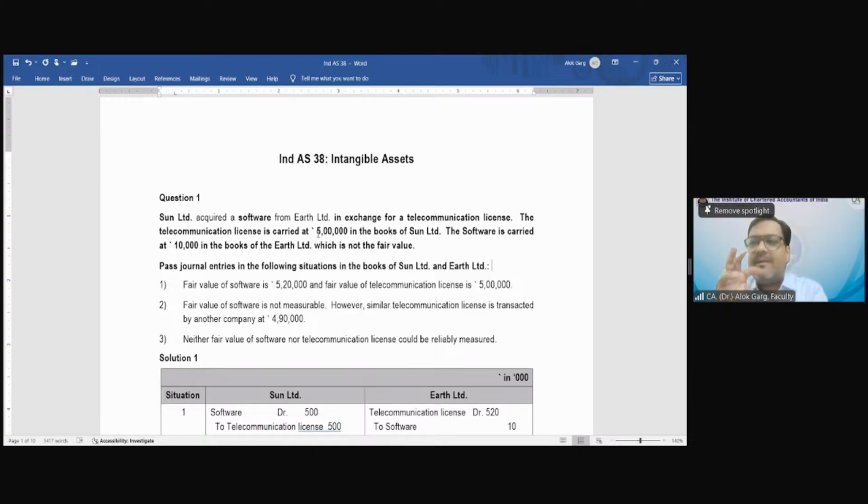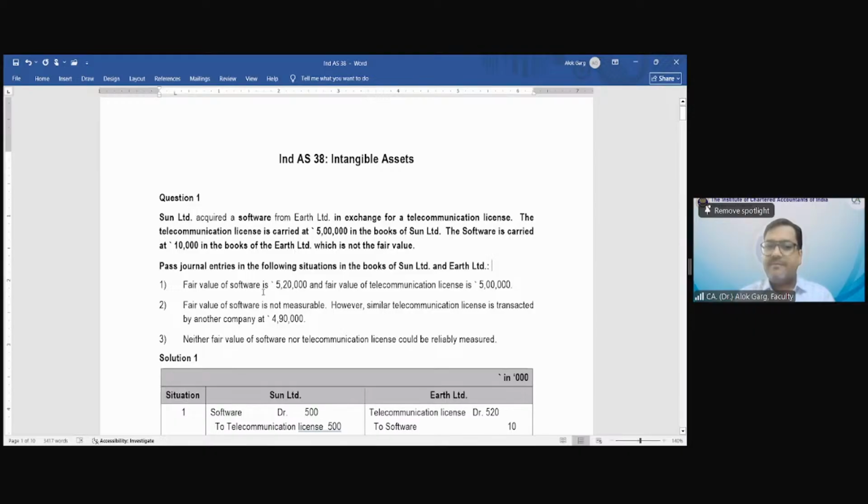You will have the WDV of the asset you are giving up, because that asset is in your books of accounts. So whatever is the carrying value or WDV of the asset you are giving up, that carrying value becomes the cost of the new asset.